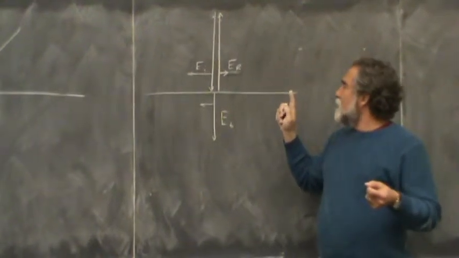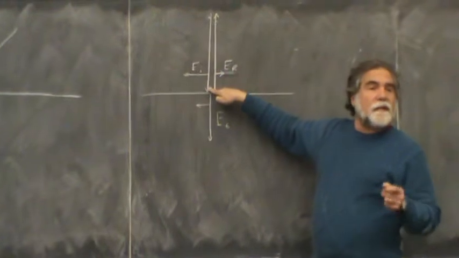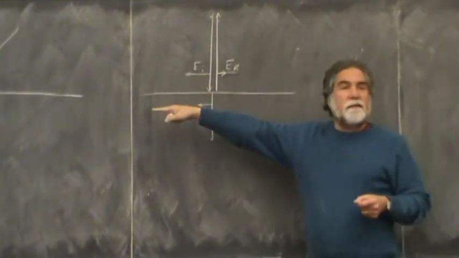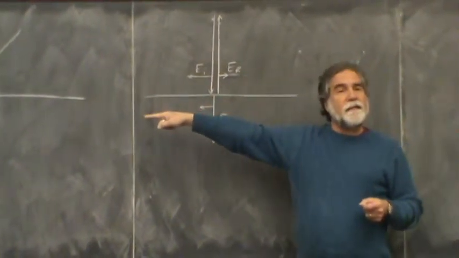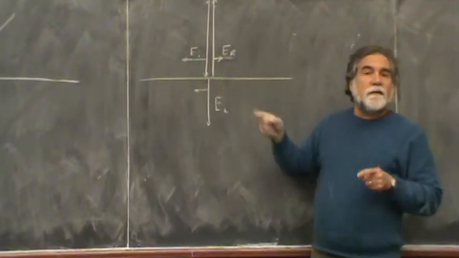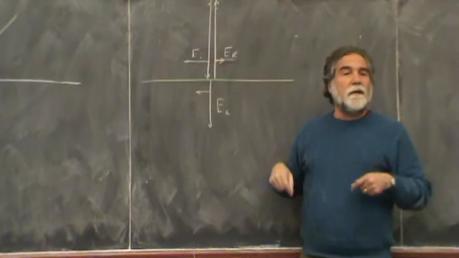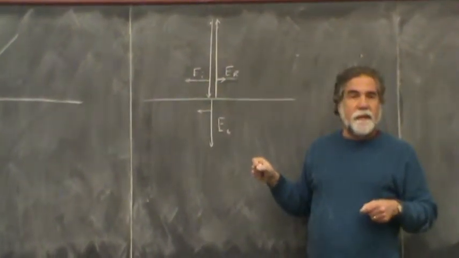But what we know is that the incident field, let's say at normal incidence, let's start with normal incidence, points that way, for example, at a particular instant in time, right? The field inside the surface is smaller because this has got a dielectric constant, so the field is going to be weaker, right?